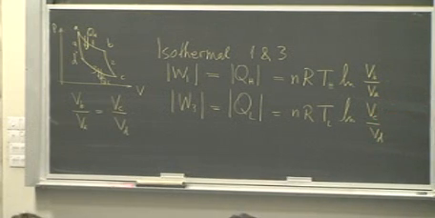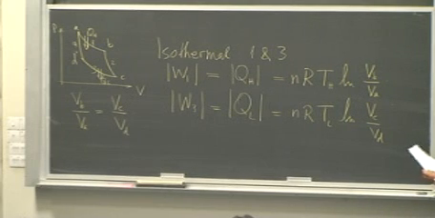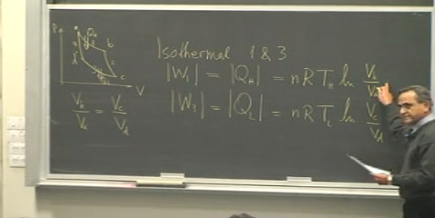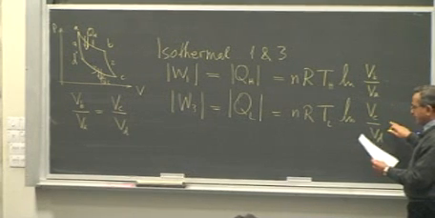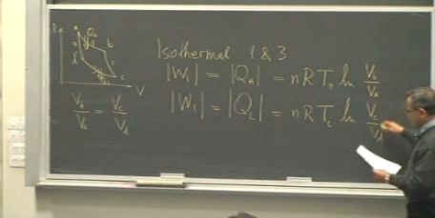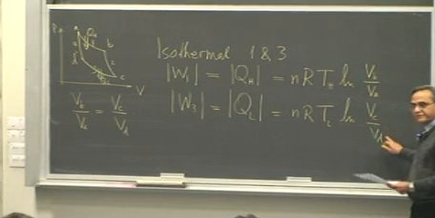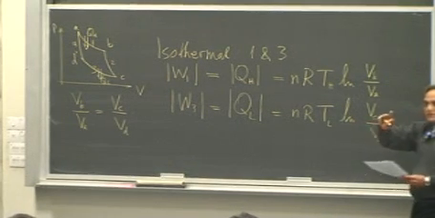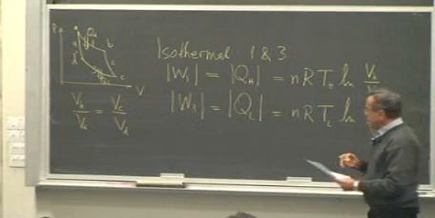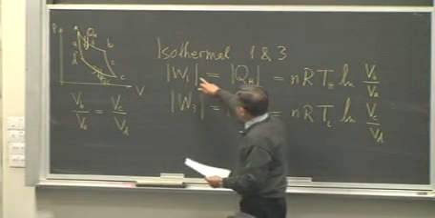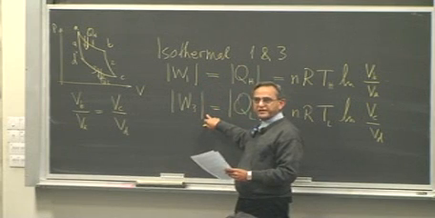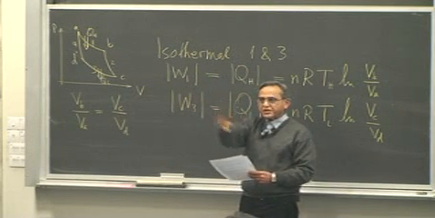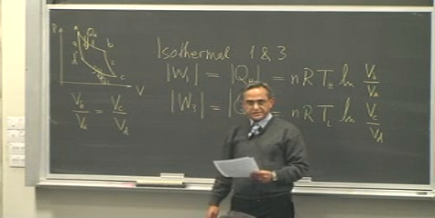What I have written is that W1 is minus nRTH times log of this, and W3 is written as minus nR etc. times log of VD over VC. Okay? This is written in your notes. Since I have put the mod signs of magnitudes here, the signatures I have removed.